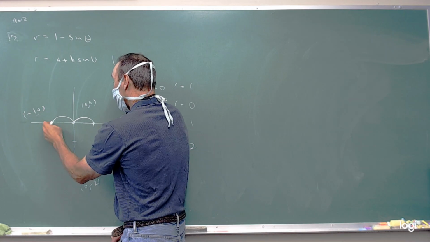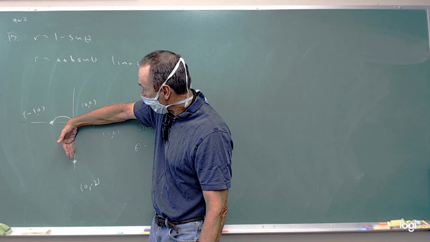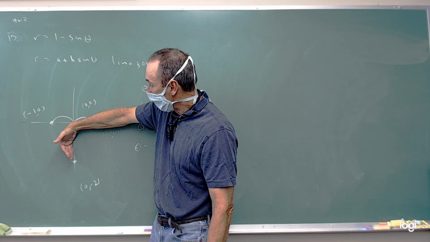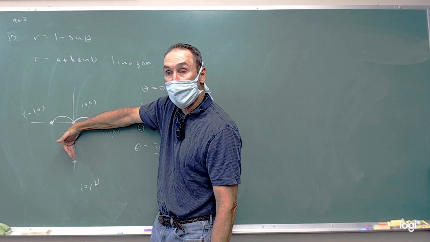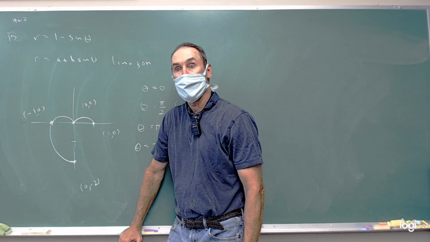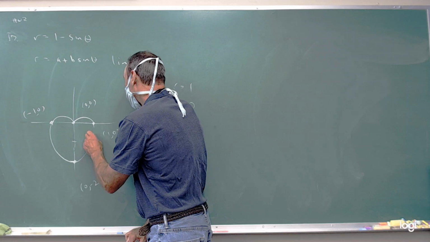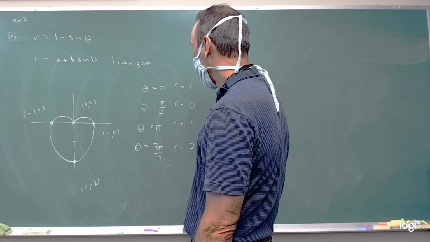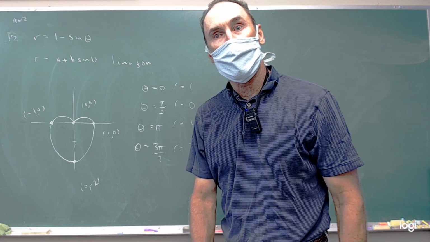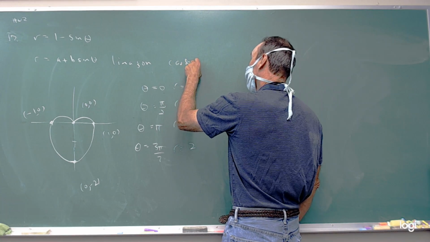So you're going to get the mirror image of that in this case. And then going from pi to 3 pi over 2, as we sweep here, the r's are getting bigger, going from 1 to 2. So we'll smoothly connect here. And then we'll go back here from 2 to 1, and we will smoothly connect that, and it's a heart. So we actually call that a cardioid.